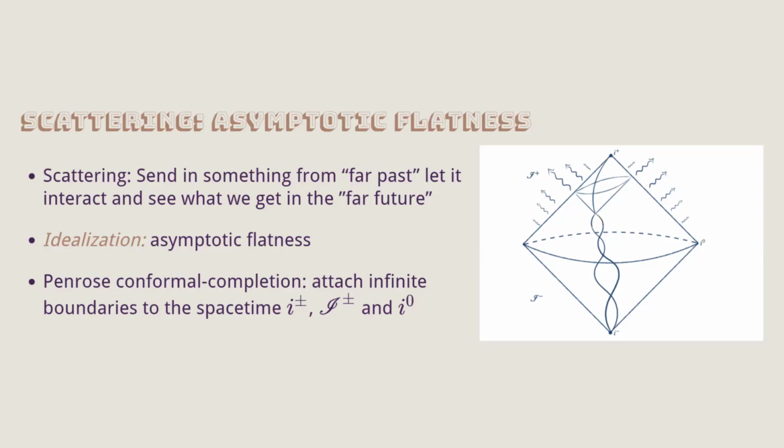You do a conformal transformation, bring all the infinities to a finite place, and attach these boundaries. There are null boundaries, a big sphere at space-like infinity, and boundaries at time-like infinity, I plus and I minus. Minkowski, or any asymptotically flat spacetime, sits inside this diamond.